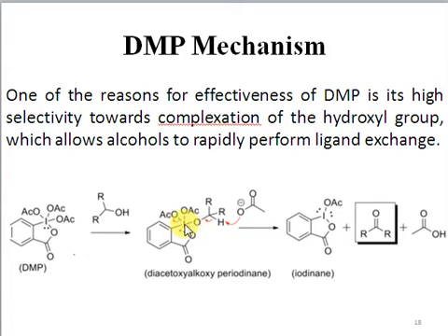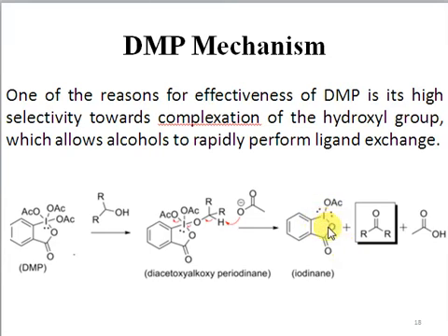When this bond is broken, this acetoxy group is eliminated. Just remember that iodine is a halogen, and halogens have stable valencies of 1, 3, 5, and 7. In DMP, this iodine has an oxidation state of 5, that's stable, and here the oxidation state of this iodine is 3.